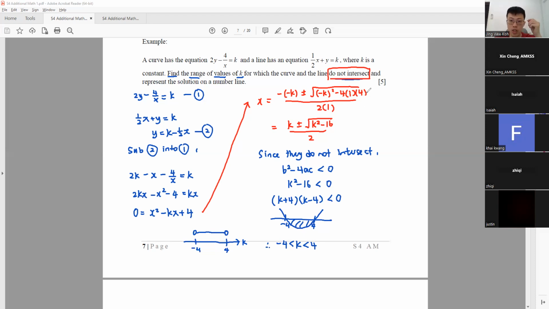Okay, like I said, this is not needed, this is redundant. You can skip this step. However, this step actually will allow you to understand what discriminant is about.